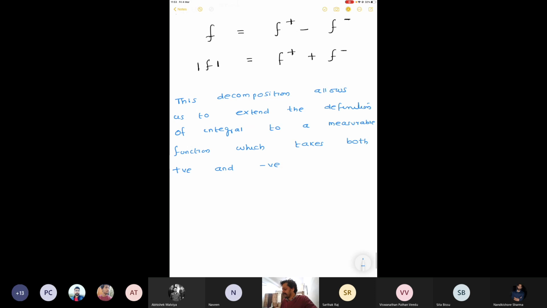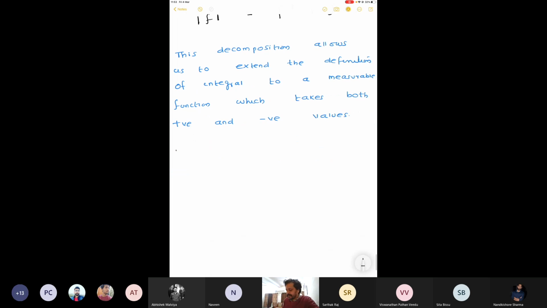There is no condition now, like it should be non-negative and so on. So this decomposition is very innocent, but it gives us a lot of things. Now the definition.